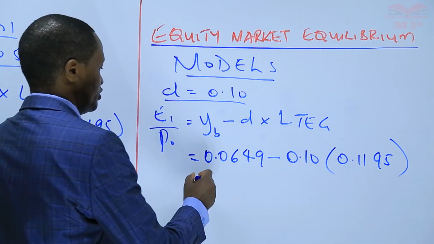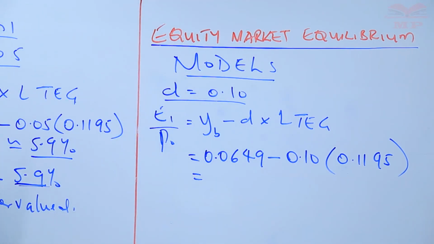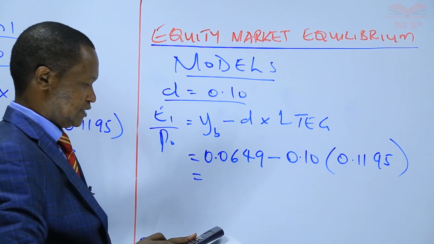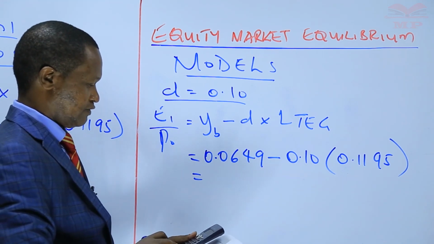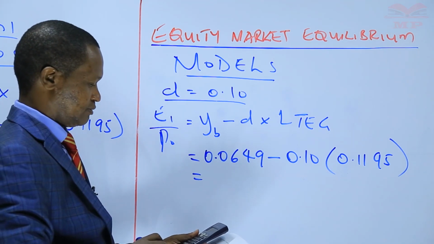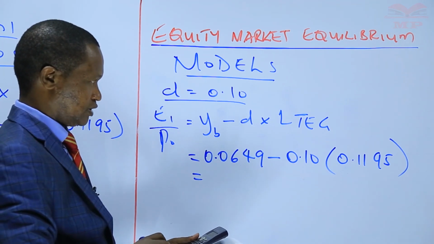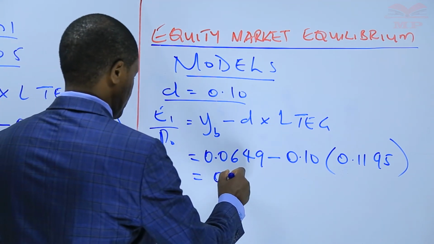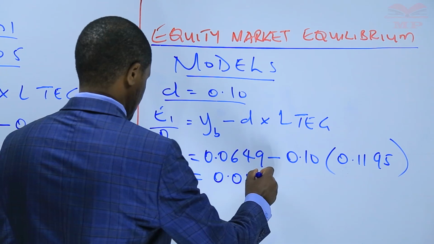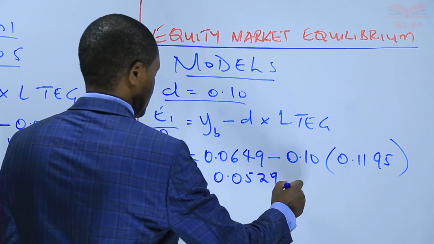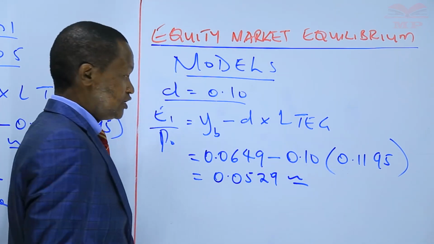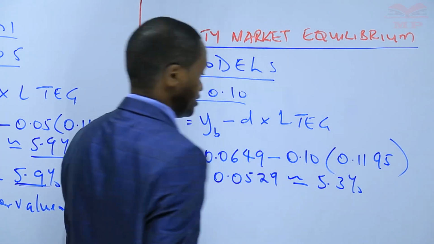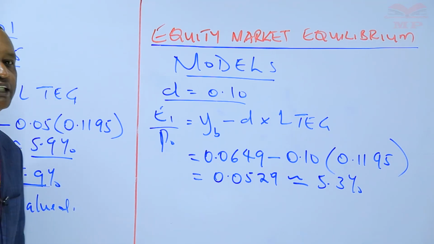What will the new earnings yield be? The new earnings yield will be 0.0649 minus 0.1 times 0.1195. This is equal to 0.0529. When converted into percentage, this will be equal to 5.3%.